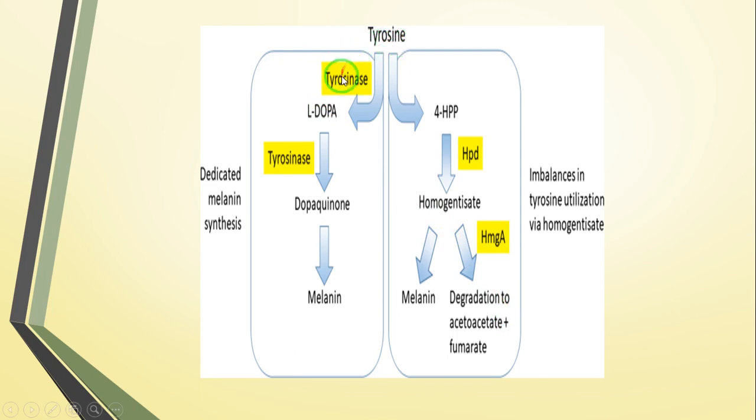By the enzyme tyrosinase, it is converted to L-DOPA. Then, again by tyrosinase, it is converted to dopaquinone and then to melanin, and by subsequent steps either to eumelanin or pheomelanin.